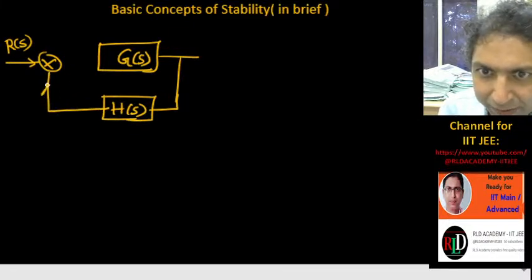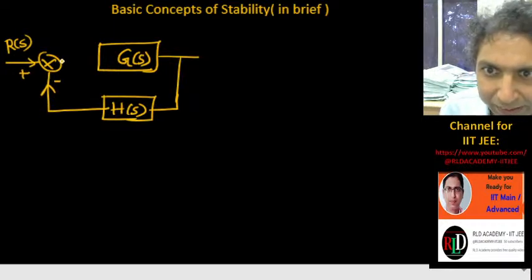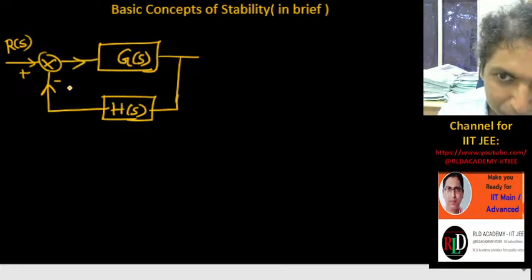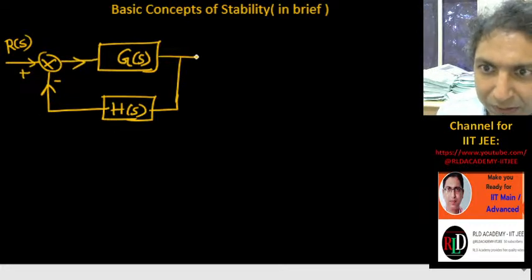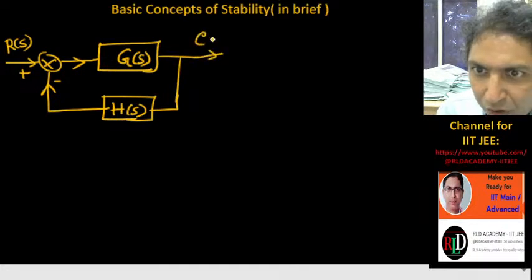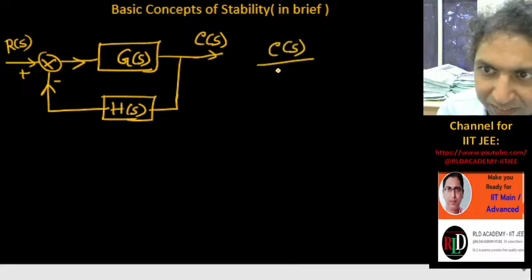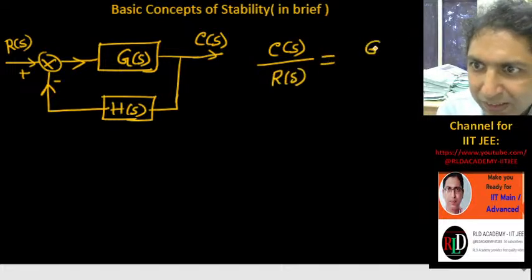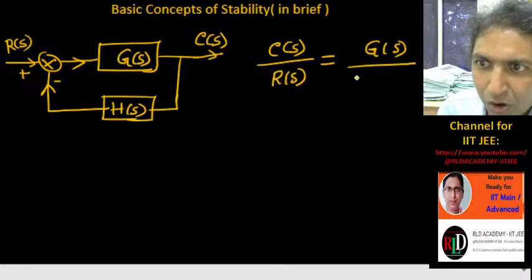It is fed back here. This is plus, this is minus, and then it is connected to the plant G of S. So this is the negative feedback, and this is called controlled output C of S. So we have the closed loop transfer function C of S upon R of S, which is simply G of S upon 1 plus G of S H of S.